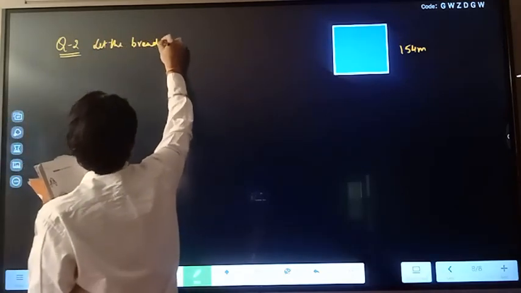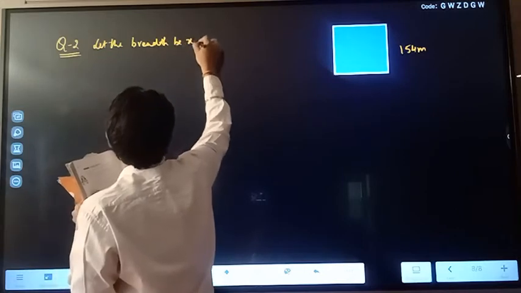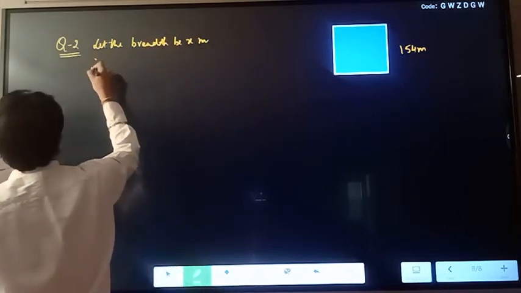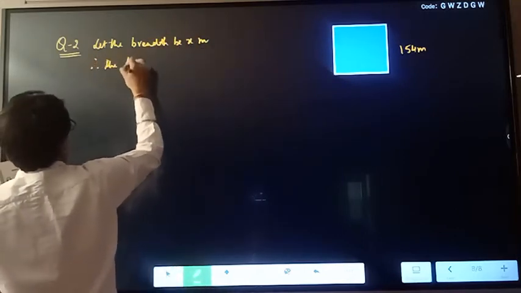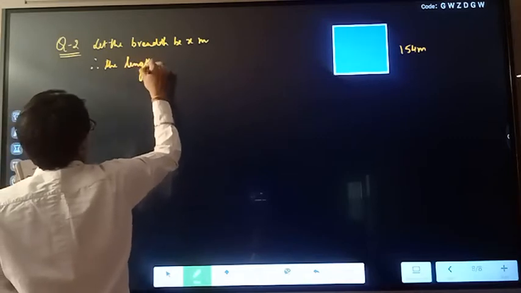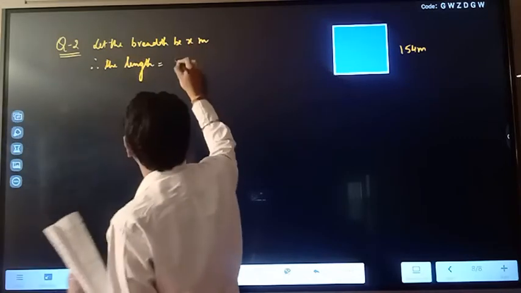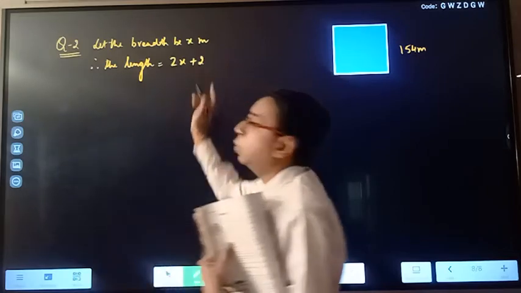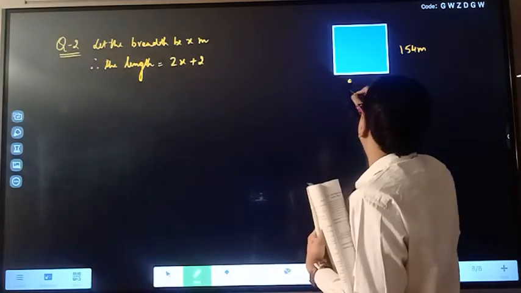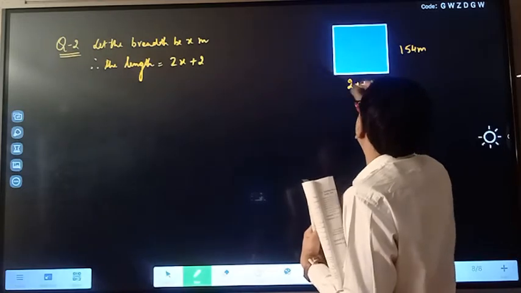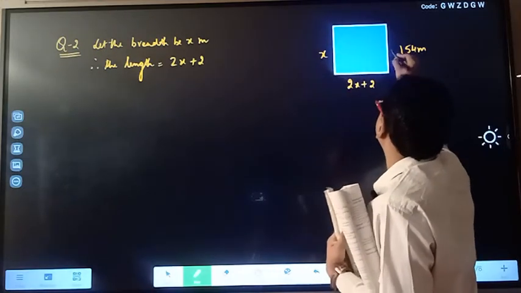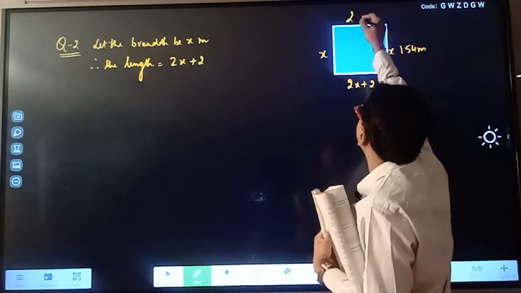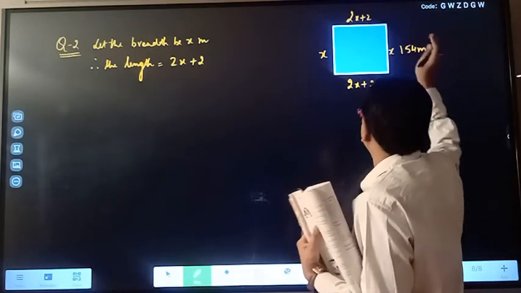Let the breadth be x meter. Therefore, the length is equal to twice the breadth, means 2x, more than 2. So 2x plus 2 is the length and x is the breadth.